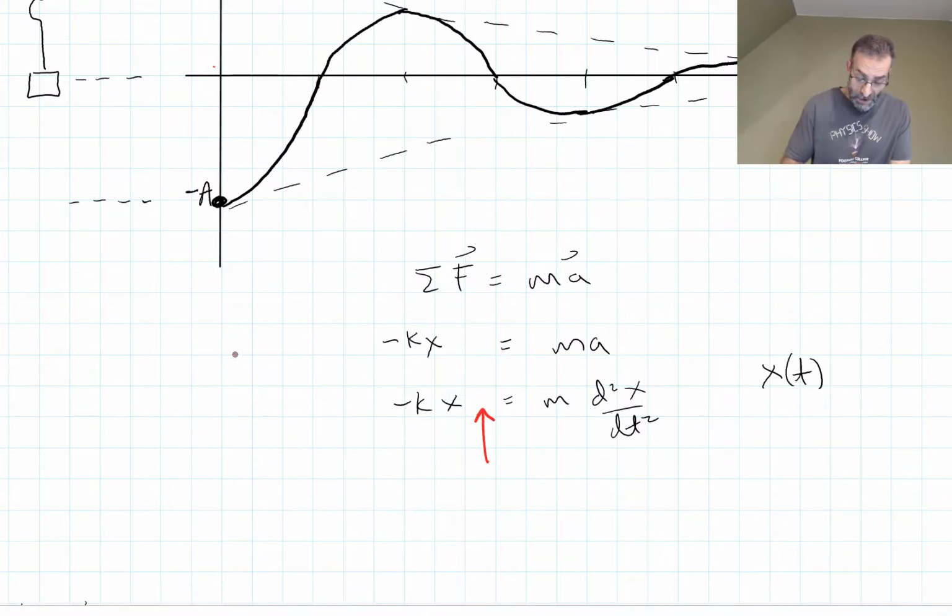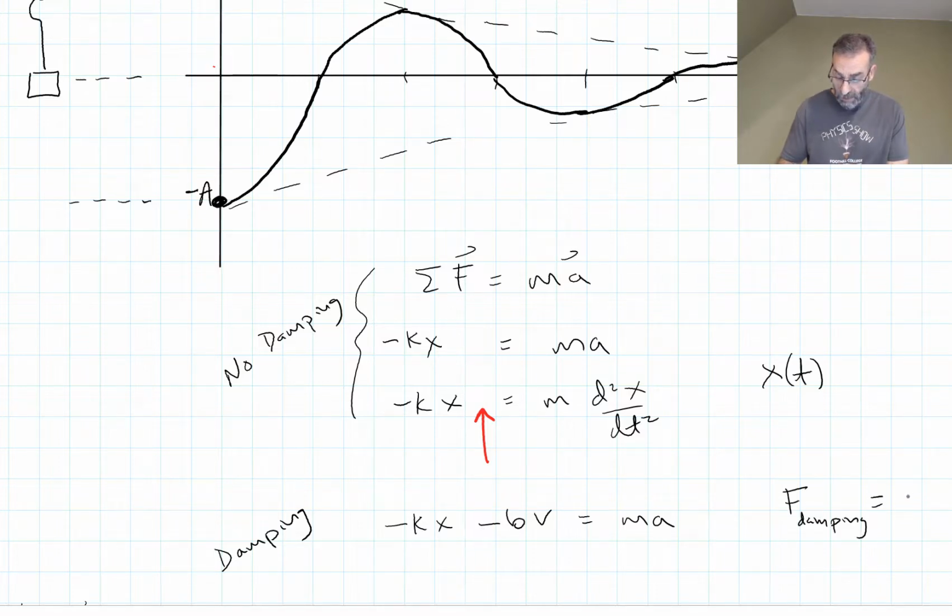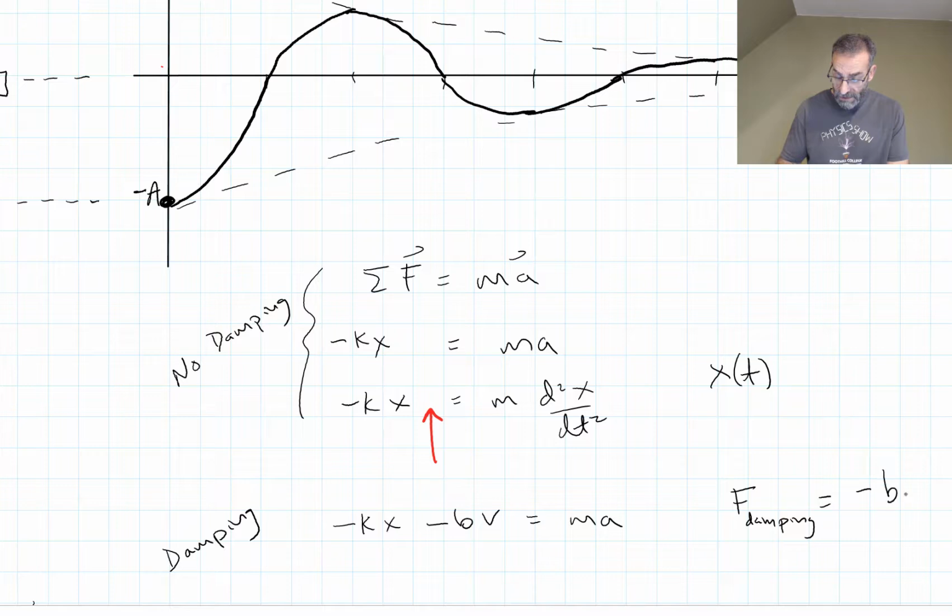So this was no damping. If we have a damping force, we're going to get the sum of the forces equals ma. We're going to get a spring force. And we're going to get this damping force, which is proportional, that's our proportionality constant, to the velocity, and it's opposite the direction of the velocity.